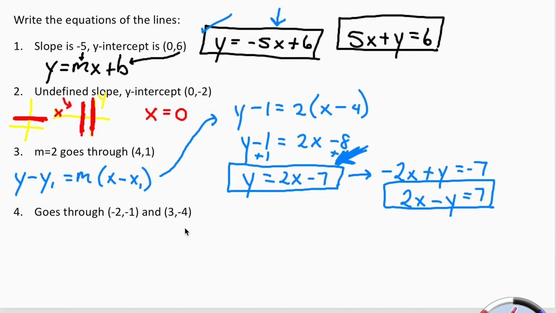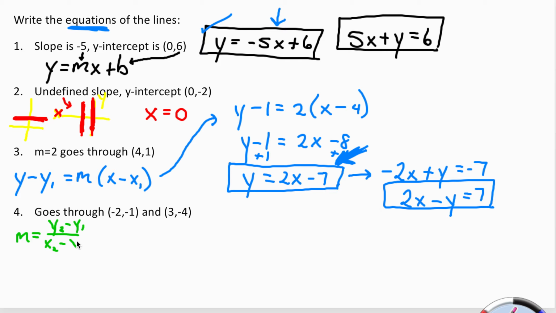Okay, and then what if I needed to write the equation of a line that goes through these 2 points? If it says write an equation, I need a point and a slope. Uh-oh, I don't have a slope. Oh, but I have 2 points. I can find the slope. So first of all, I need to know my formula for slope. Y's over x's, right?